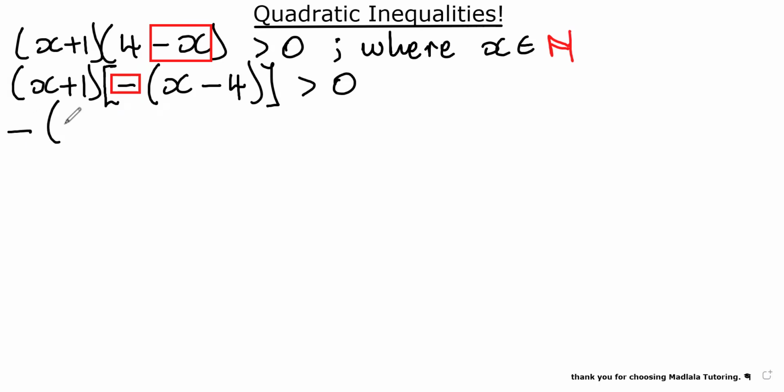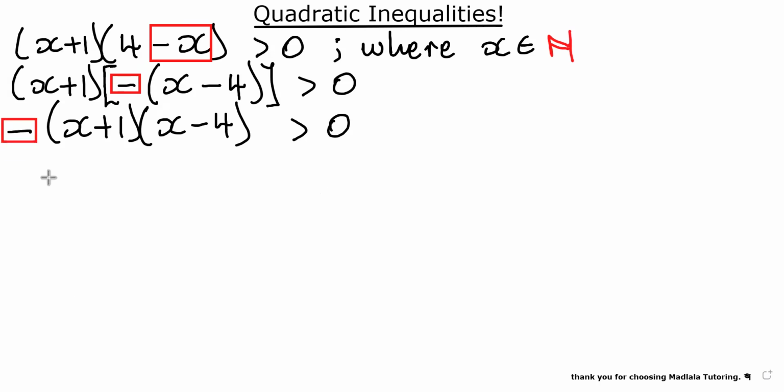So this is your negative sign. And then you still have your x plus 1 undisturbed, and you still have your x minus 4, and this is greater than 0. But of course, we have to further divide by this negative.